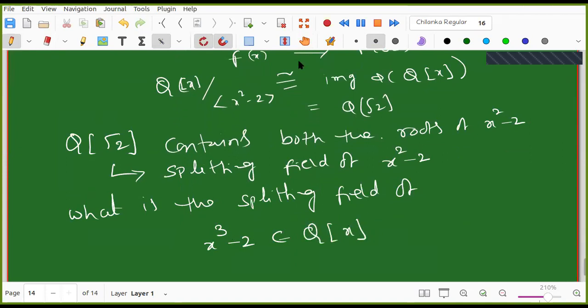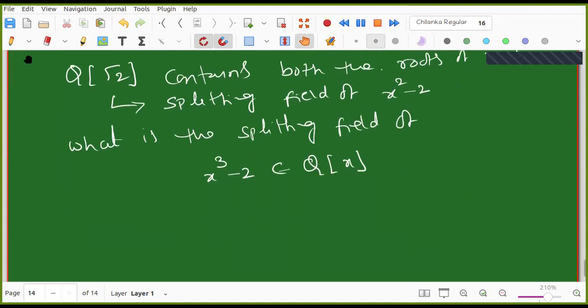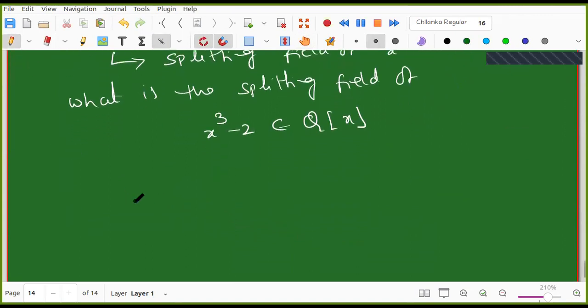Can somebody help me? Q adjoin cube root of 2 comma omega. So here Q adjoining omega comma cube root of 2. So this is a bigger field.